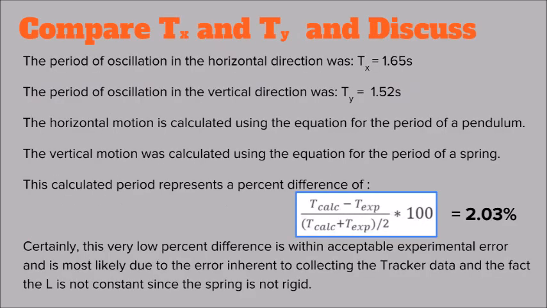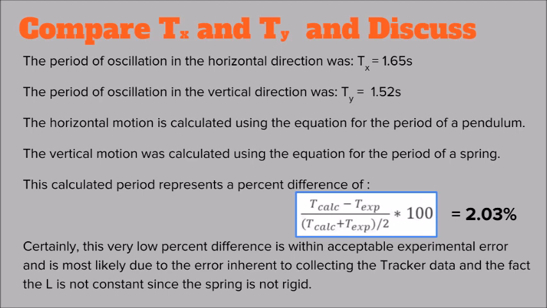The period of oscillation in the horizontal direction was T of x equals 1.65 seconds. The period of oscillation in the vertical direction was T of y equals 1.52 seconds. The horizontal motion is calculated using the equation for the period of a pendulum. The vertical motion was calculated using the equation for the period of a spring.